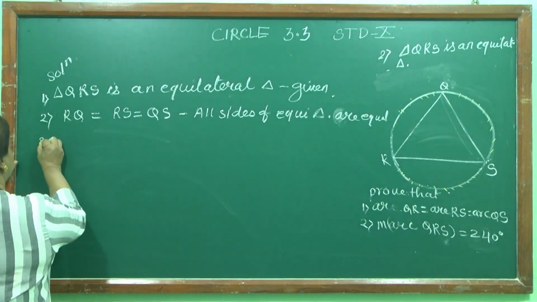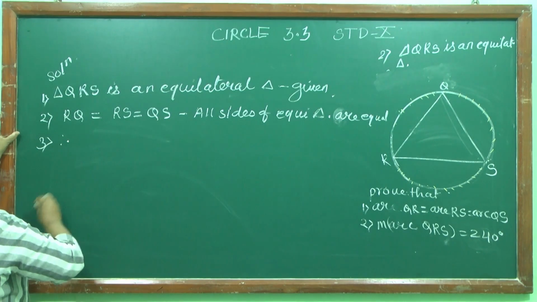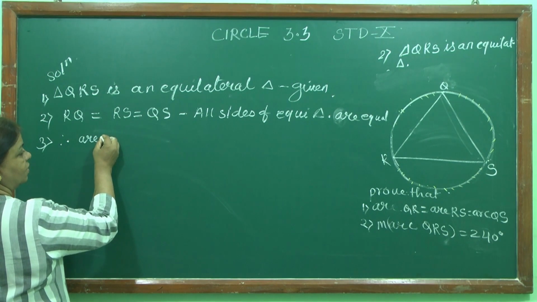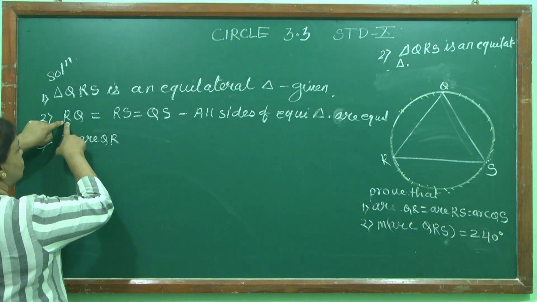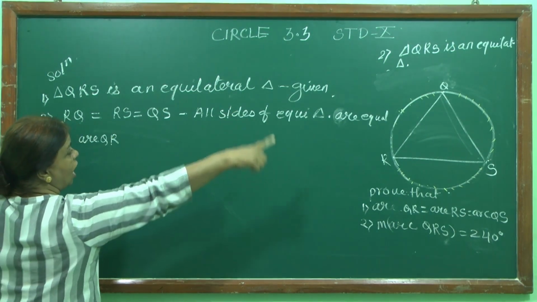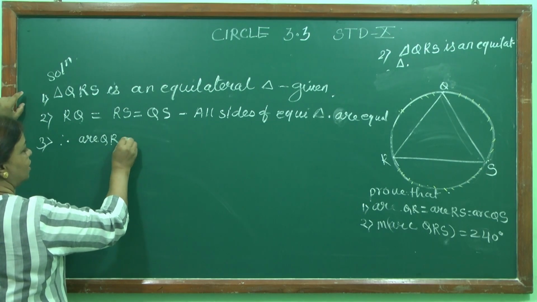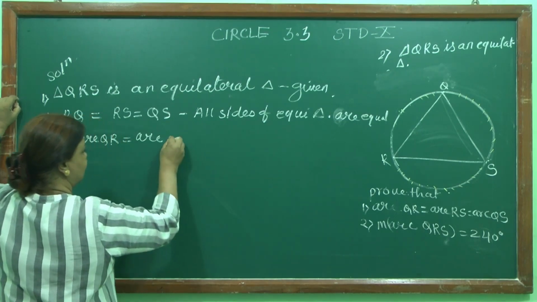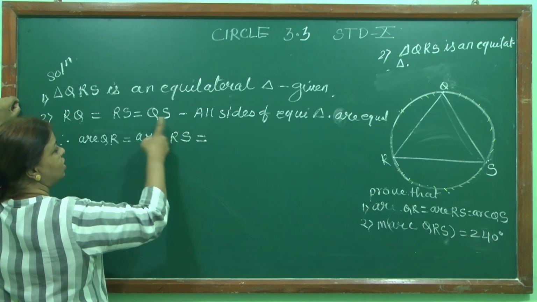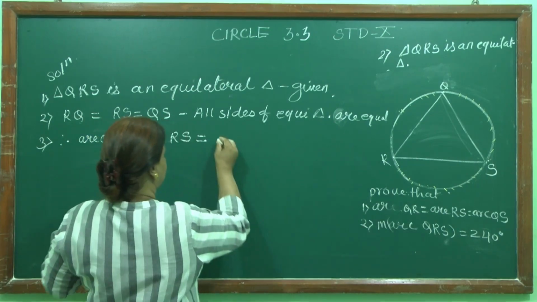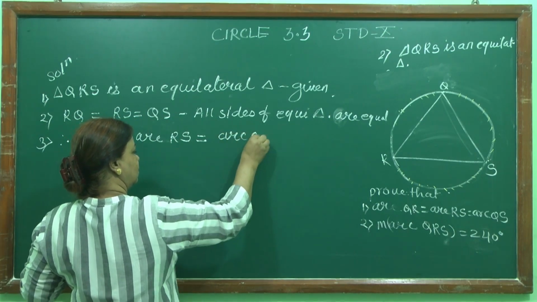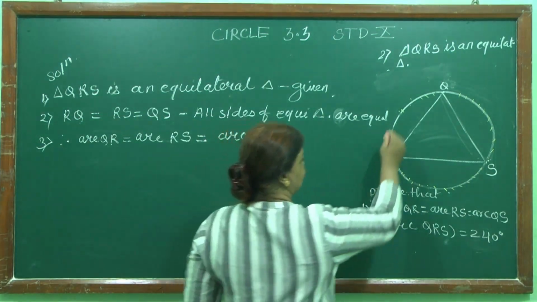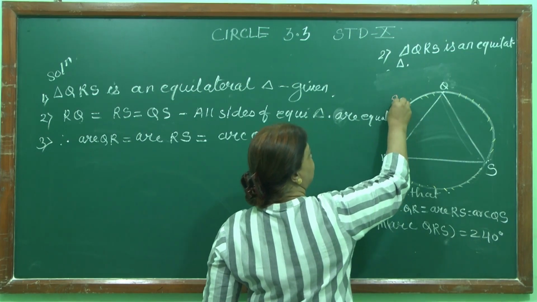So we can say, third point, therefore arc QR, because RQ is subtending QR, is equal to arc RS, because RS is subtending arc RS, which is equal to arc QS, because QS is subtending arc QS. Children, if there is any confusion, to understand, see, this is QPR.